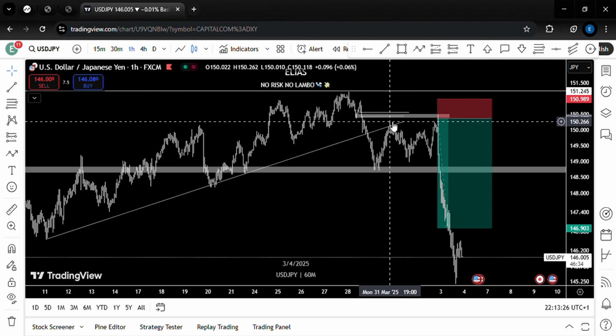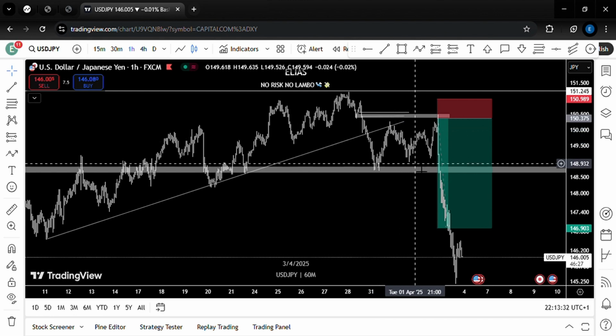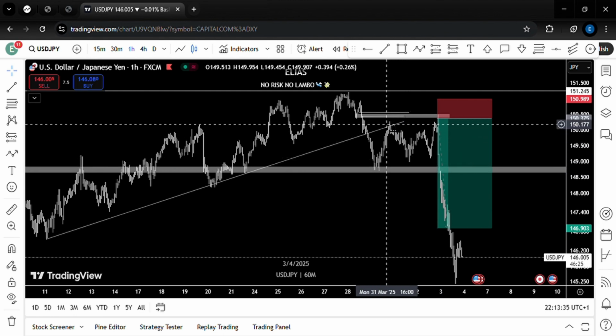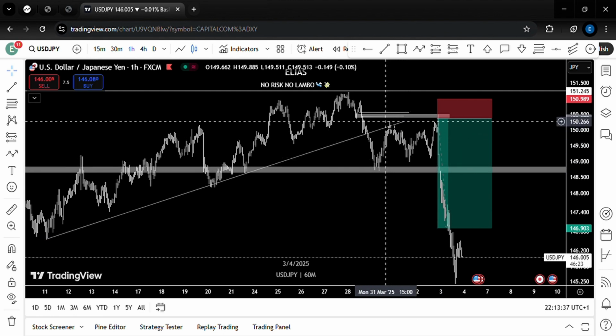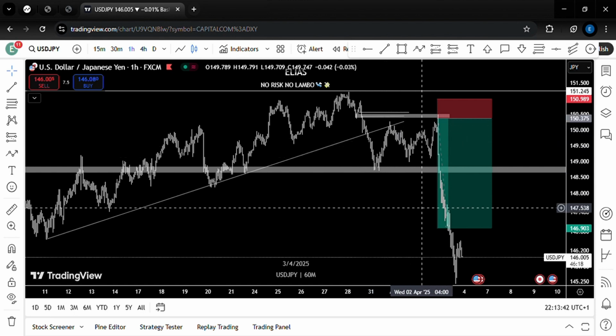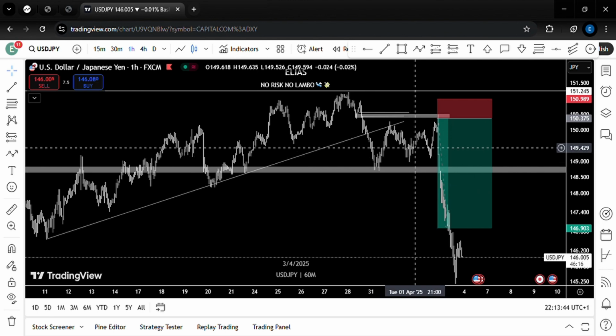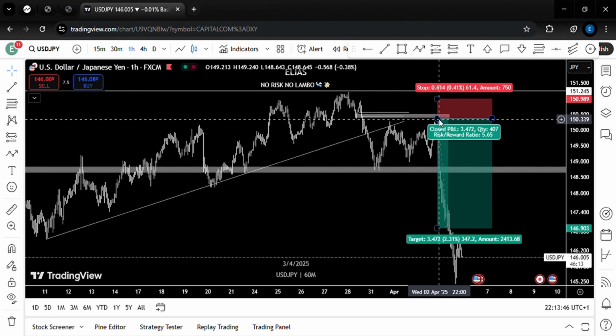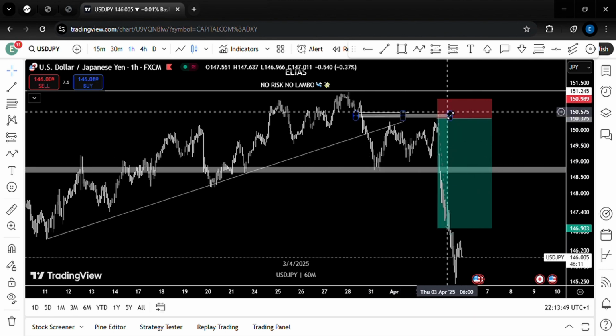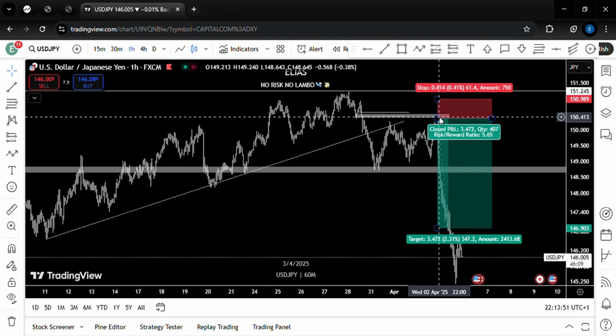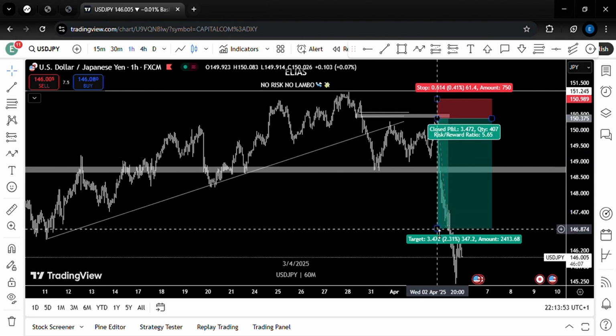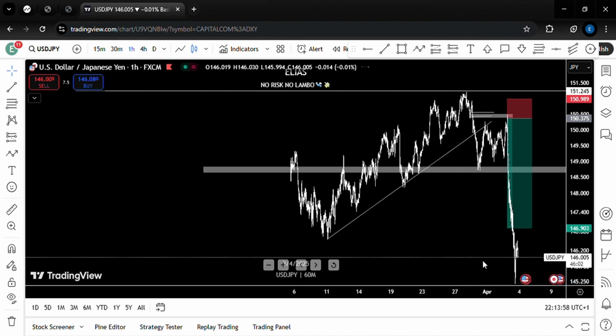It came back, just a few pips to my entry, and then it started selling, making this high an inducement. I know that price will definitely clear it and tag me in. It's just a matter of time. And then price came and tagged me in, and it was a rapid move to the downside.